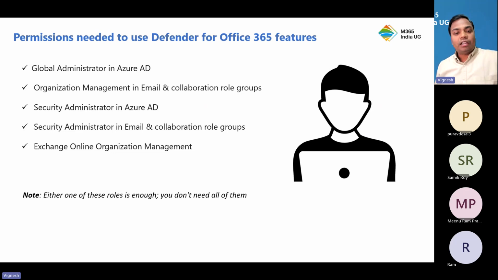This is a specific role that you can see on your Exchange Online side of the house. And then you could be a security administrator in Azure AD, and also Exchange Online Organization Management. So a quick thing to note here is that either one of these roles is enough. You don't need all of them, right? So don't go and say that you need all of these. Either one of these is enough for you to play around with MDO and start configuring things.